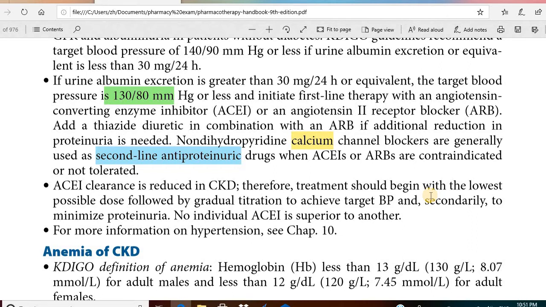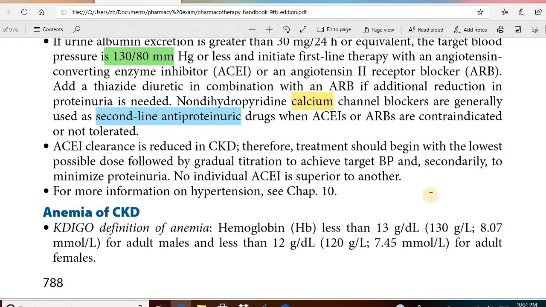If the albumin level is greater than 30, then blood pressure should be 130/80. And you can give medication. The first line is ACE inhibitors or ARB. If on an ACE inhibitor, you can add thiazide diuretics with the ARB to get the desired blood pressure. Or if the first line agent is not available, you can give the second line therapy.